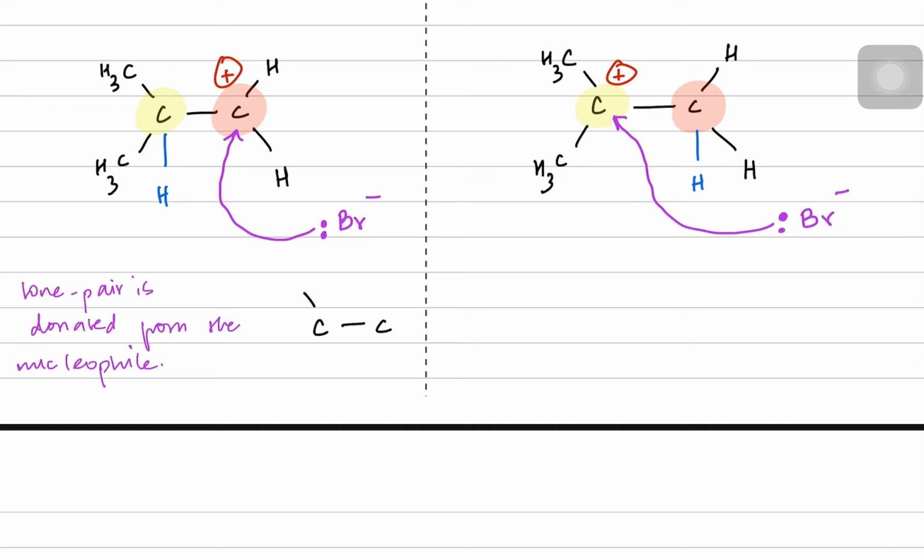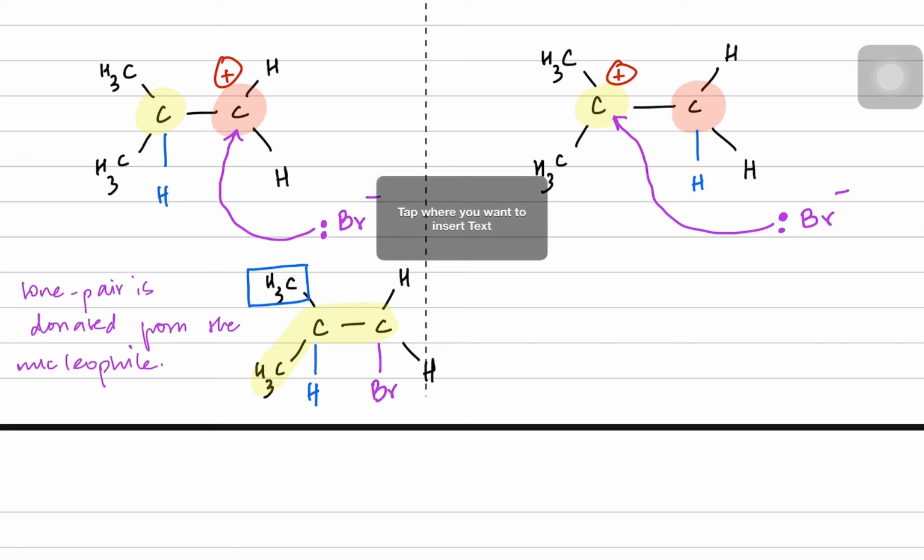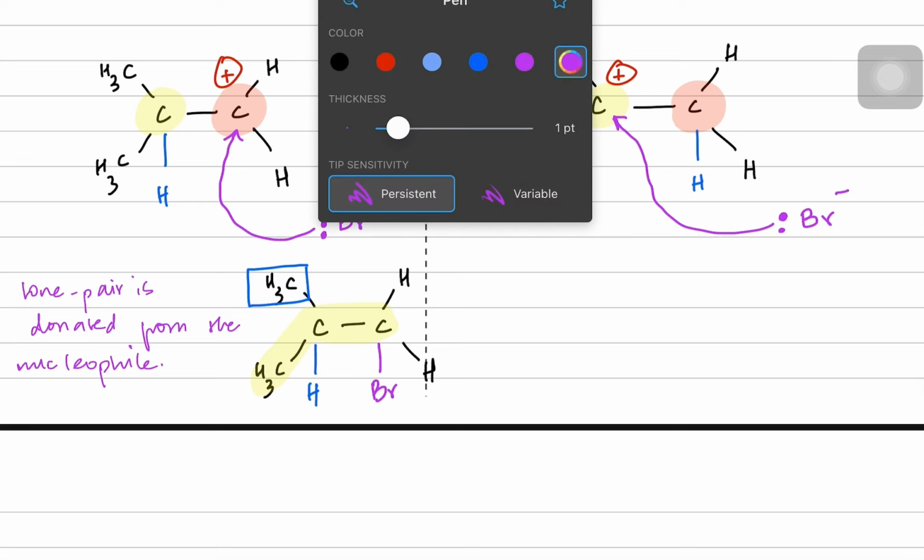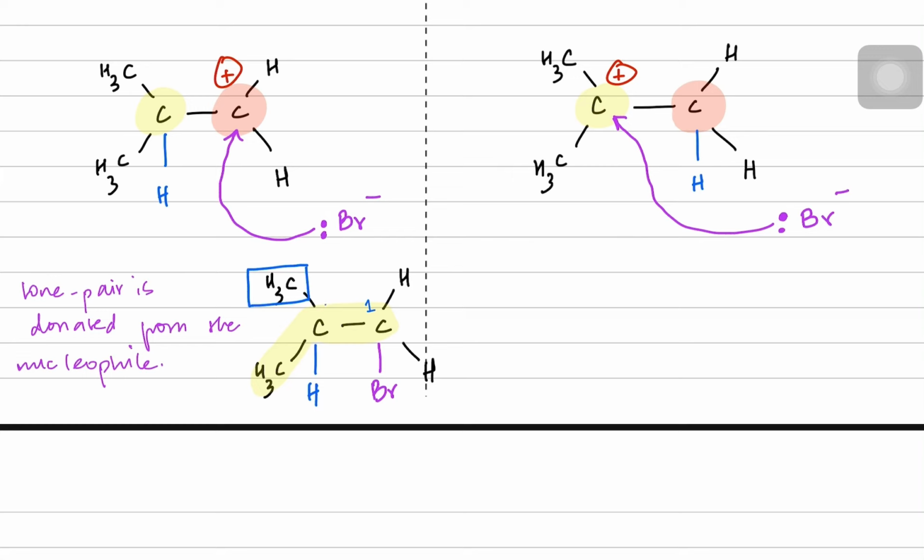So the first product could be: both methyls on the carbon on the left, hydrogens here, this was a hydrogen here, and there was a bromine attached on this carbon. This becomes your longest chain now. This becomes a methyl branch. So you will call it carbon 1, 2, 3.